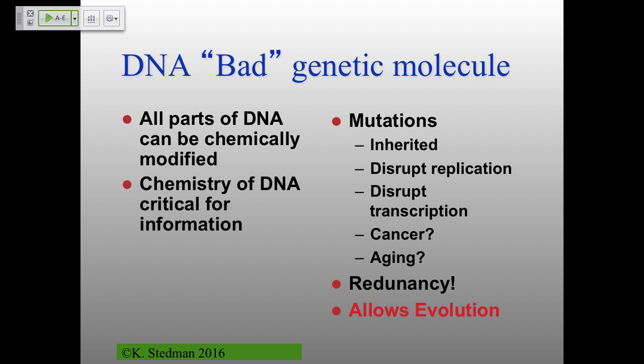There are a couple of things that save DNA in terms of being a decent molecule for the genetic information. Probably the most important one is the one in red down at the bottom, which says evolution, because if you didn't have changes in the DNA, we'd all be exactly the same. So a little bit of change is good, not too much change.